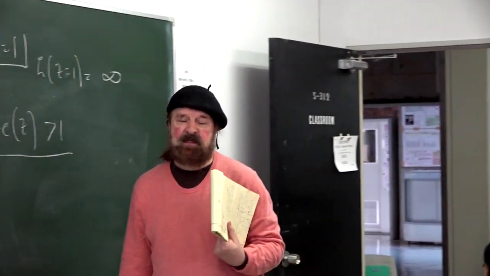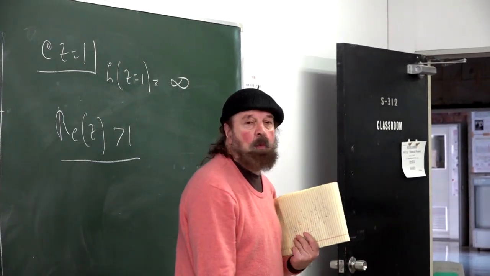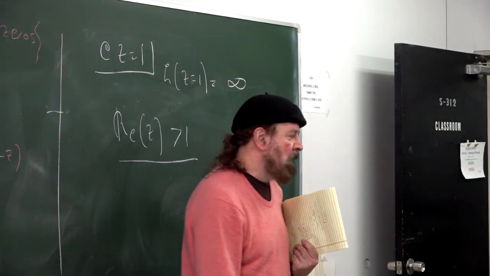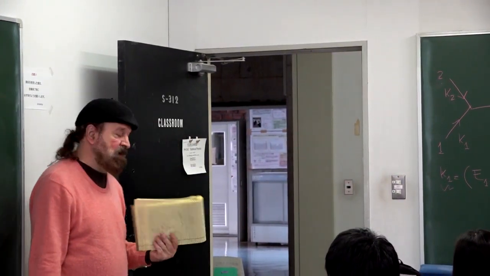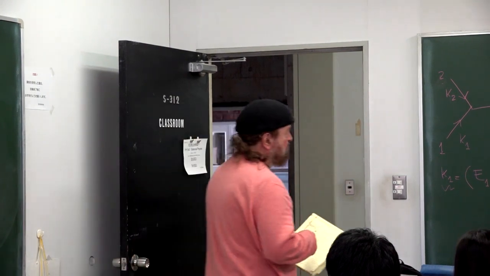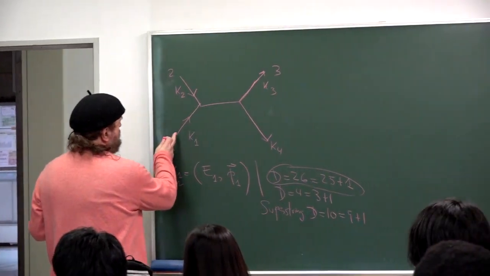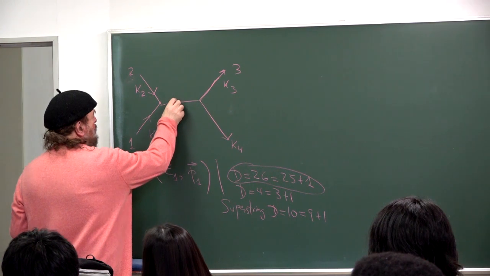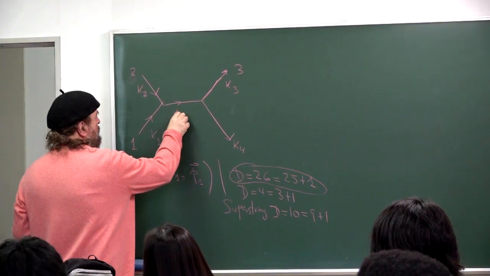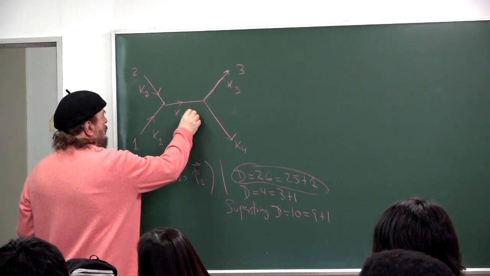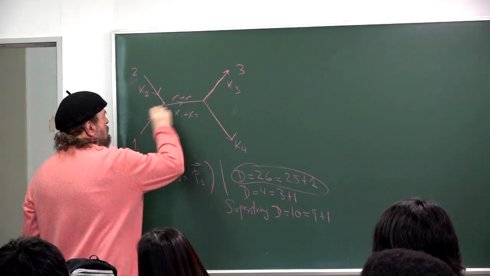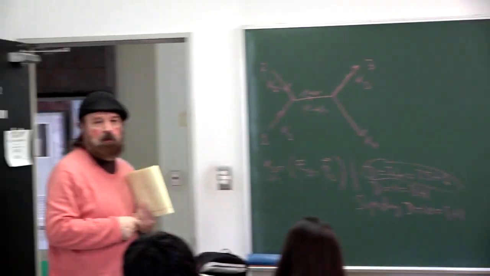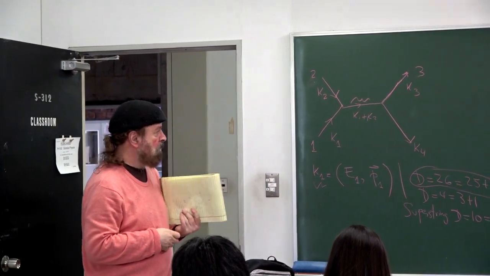Mandelstam in the 1960s proposed to work with a very useful set of variables to describe the scattering process. When you have 2 particles coming in, they exchange a virtual particle, and this is the momentum carried by the virtual particle at the tree level.